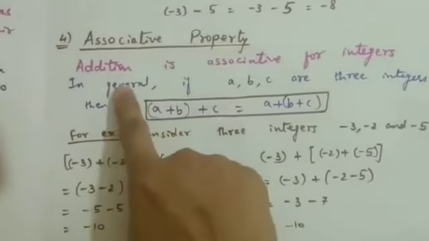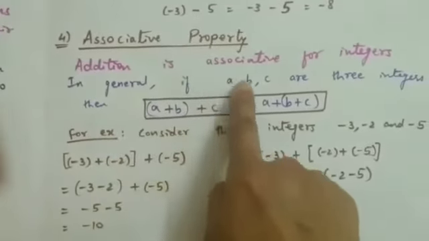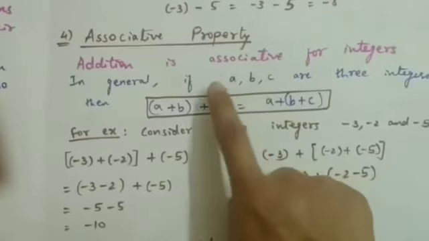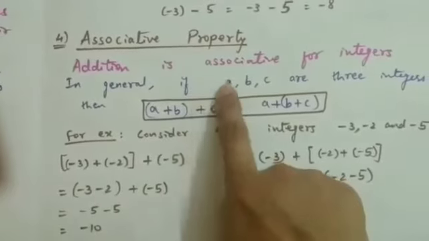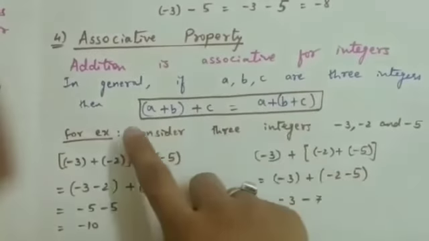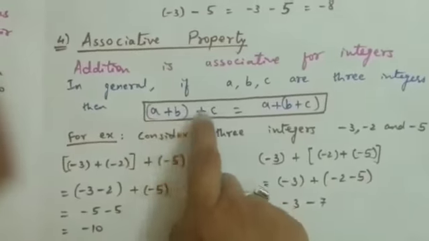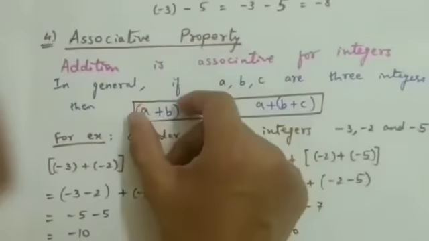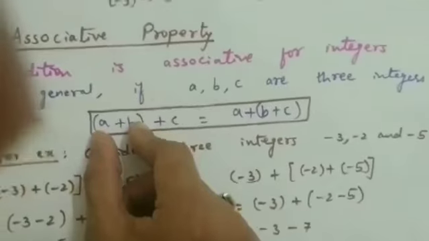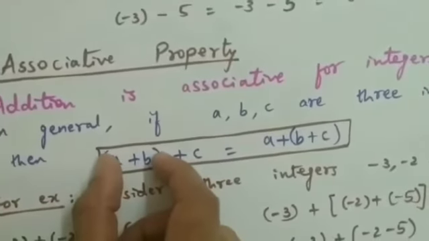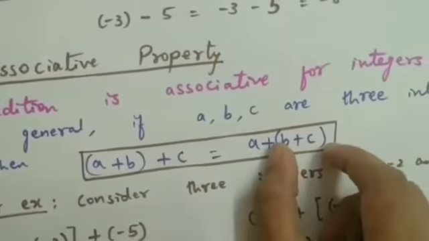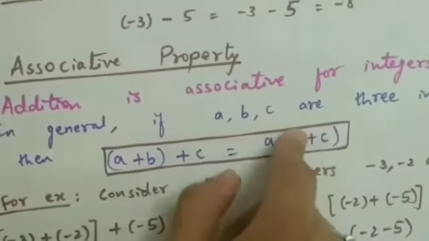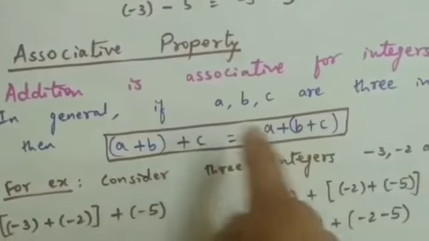So in general this property says that if you take any three integers a, b, c, then (a plus b) plus c is equal to a plus (b plus c). No matter whether you group the first two terms or the last two terms, the answer of adding these three integers remains the same.